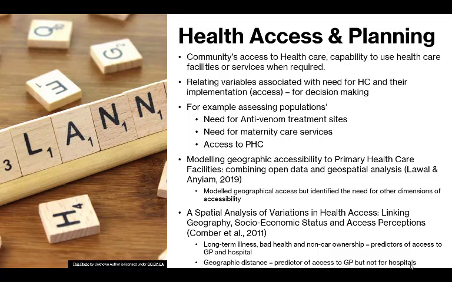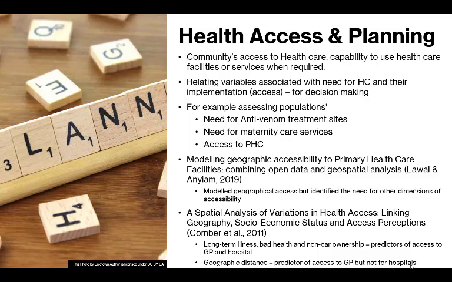However, we also recommended that there is a need to look at other dimensions of accessibility because something may be close to you, it may be available to you, but economically it may not be available to you. So you may not be able to afford the services, even though you have access to it. So access has so many dimensions, but we focused on geographic access.